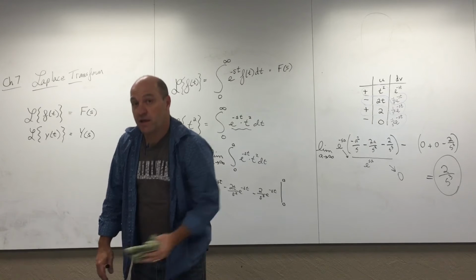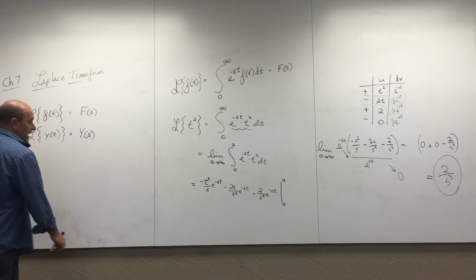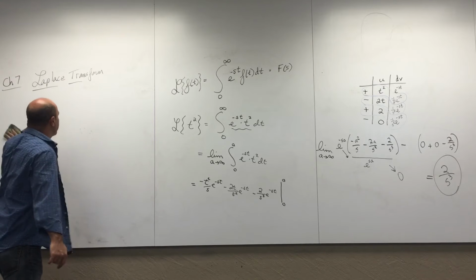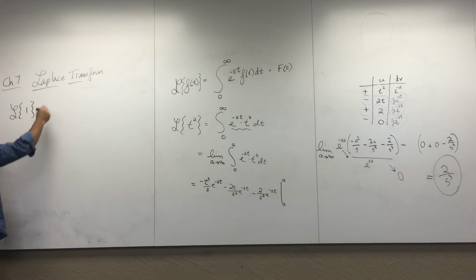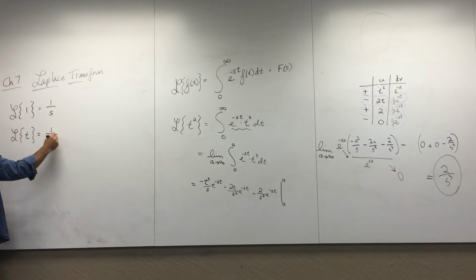Let me show you some of the most famous Laplace transforms. Here they are. The Laplace transform of a 1. You could go through that process and prove it to yourself, but I'm telling you right now, it's 1 over s. The Laplace transform of a t. You could go through the process and learn all about it and prove it to yourself, but I'm going to tell you right now, it is 1 over s squared.